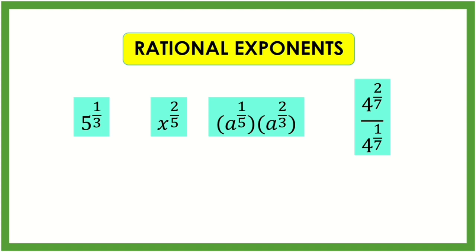Kung titignan natin ang mga expressions, makikita natin na ang kanilang exponents are in the form of fraction. So we have here 1/3, 2/5, 1/5, 2/3, 2 over 7, at saka 1 over 7. Kung ang exponent ay fractions, sila ay tinatawag na rational exponents.